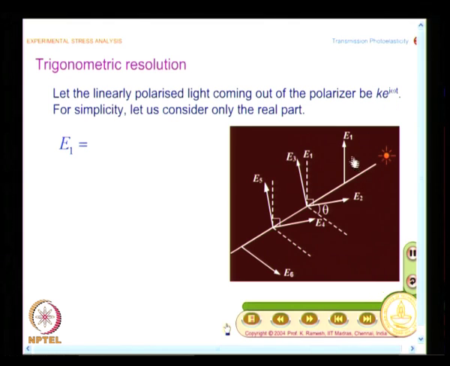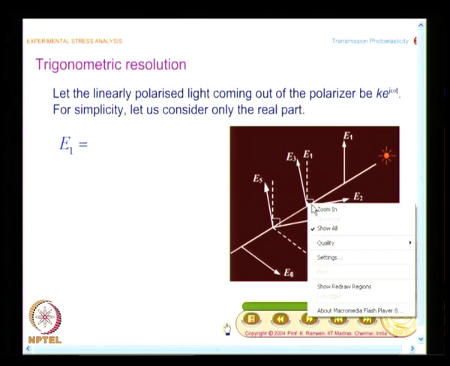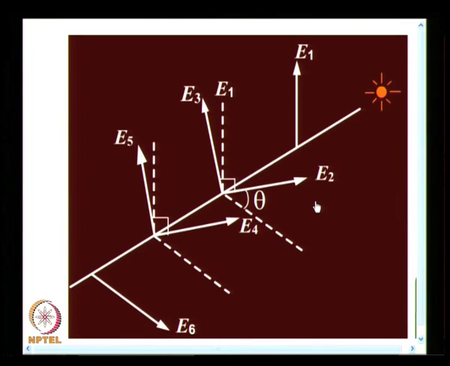And let us look at how we can label the axes when the light passes through the model, and we will also have a larger picture of it. I have a light source, and the first optical element is the polarizer, which is labeled as E1.